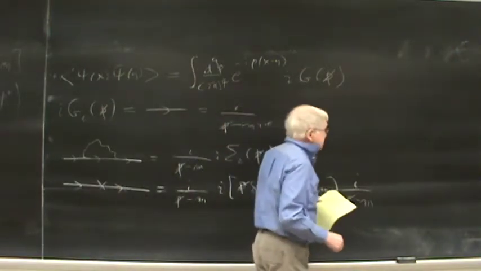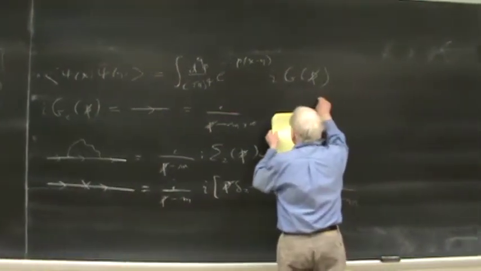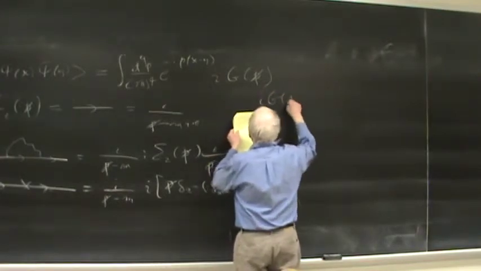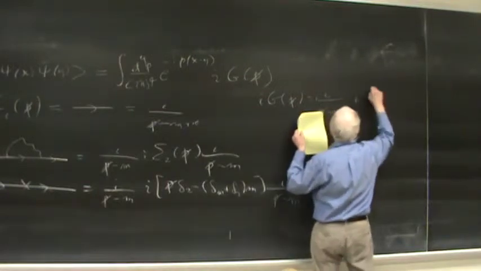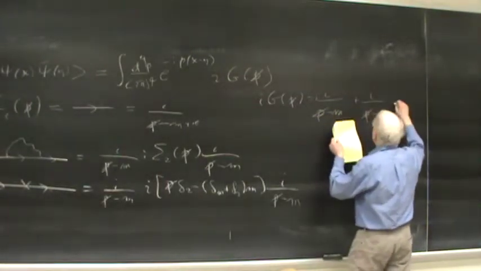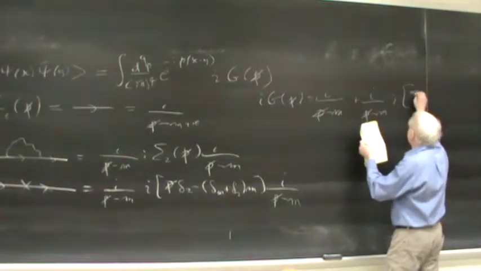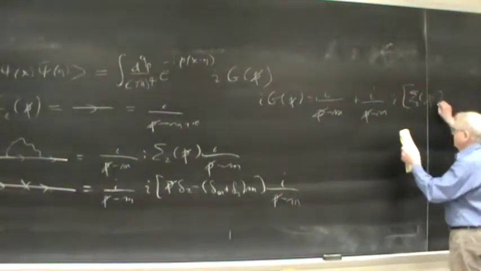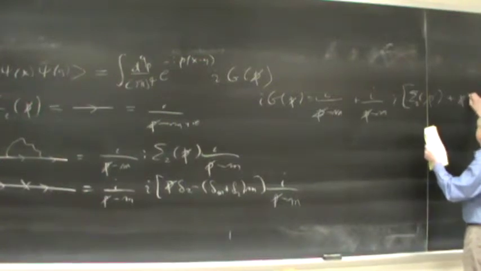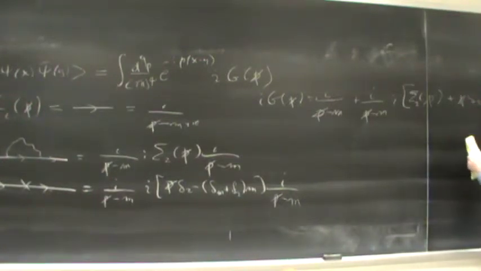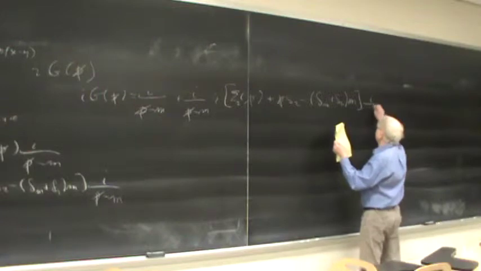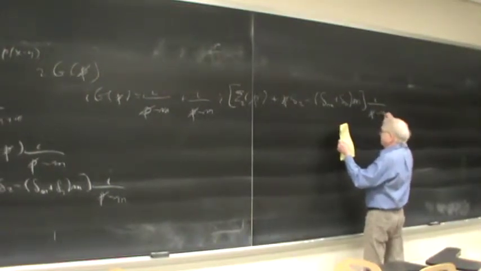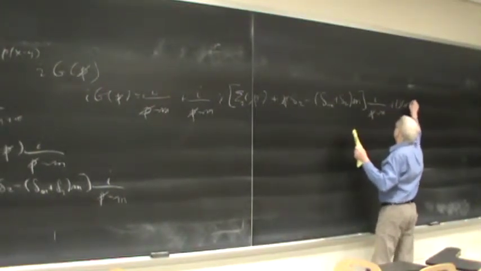So to order e squared, our iG of p-slash is i over p-slash minus m plus i over p-slash minus m, i sigma 2 of p-slash plus p-slash delta 2 minus delta m plus delta 2 m, i over p-slash minus m, plus order e to the fourth and so forth.